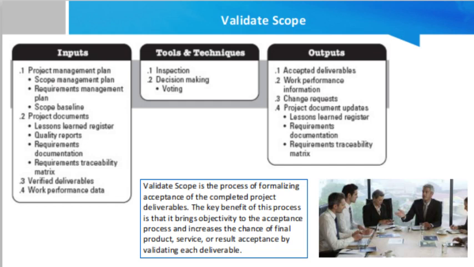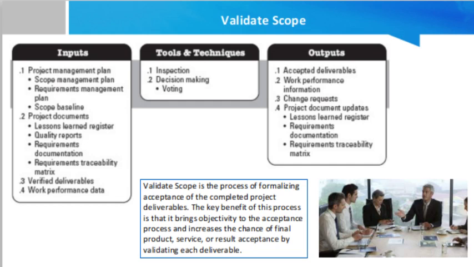Requirement management plan. The requirement management plan describes how the project requirements are validated. Scope baseline. The scope baseline is compared to the actual results of the project at the point of completion to determine if a change, corrective or preventive action is necessary to be implemented in the project.